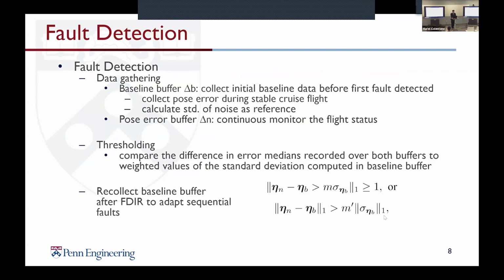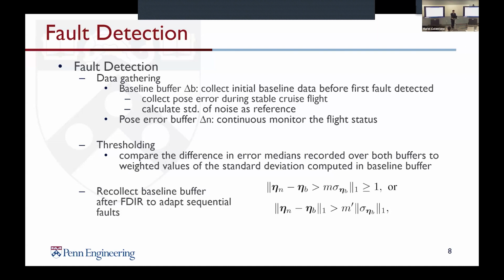For the detailed steps of fault detection, we first do a step called data gathering. We have two buffers. One is the baseline buffer, delta B, and one is the pose-error buffer. The baseline buffer just collects the initial baseline data before the first fault is detected. It is the pose-error information during stable cruise flight.